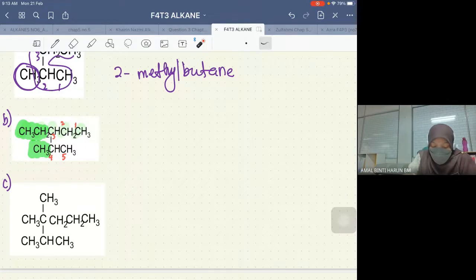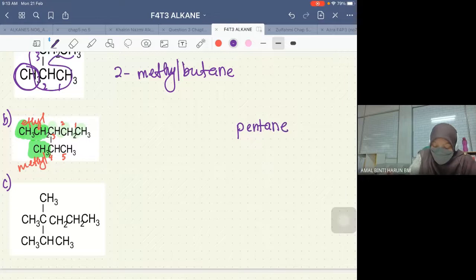Our substituent is ethyl, and the other one is methyl at carbon number 4. So who comes first? Okay, what is the parent name? If 5 carbon, it should be pentane. And then the substituents will be ethyl and methyl at carbon number 1, 2, 3.